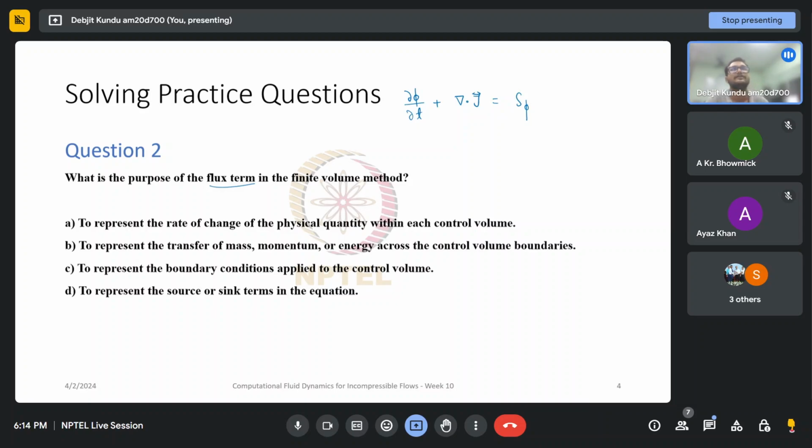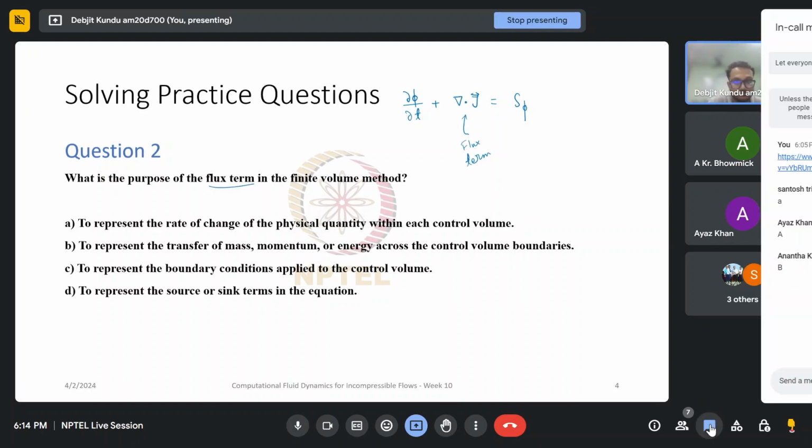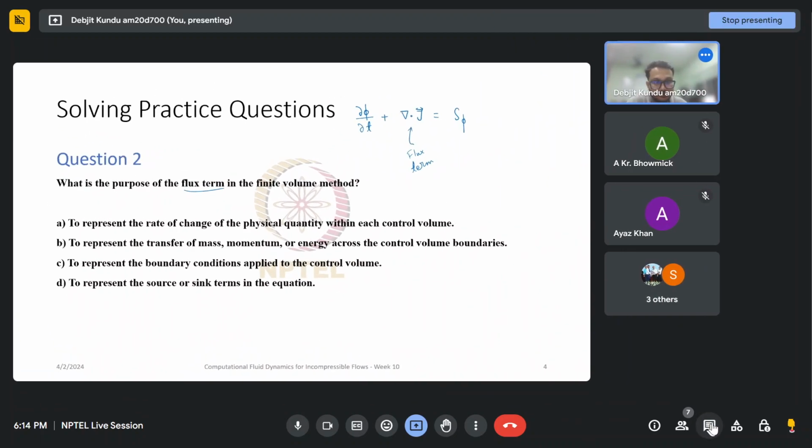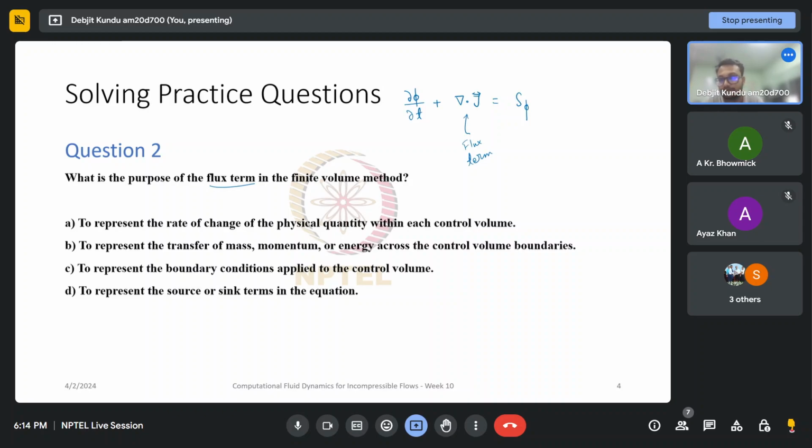So this is the generic equation, and this is our flux term. What is it useful for? Option A, B, C, or D? Okay, we have one response in favor of option B. Let's see what others have to say.